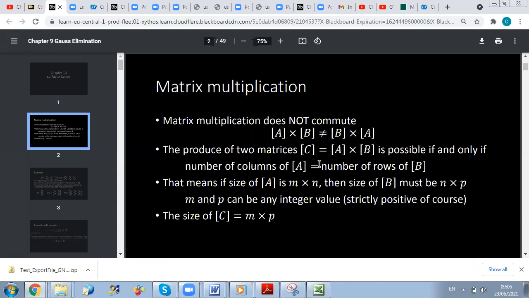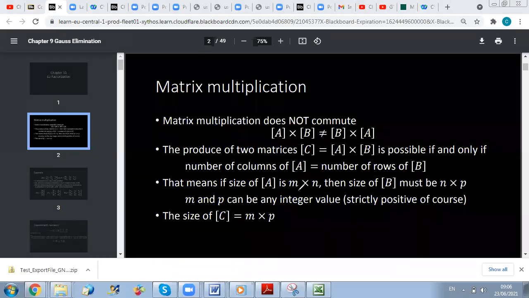So this is the condition to multiply two matrices: the number of columns of A should be equal to the number of rows of B. This means that if A has size m times n, then A has m rows and n columns.